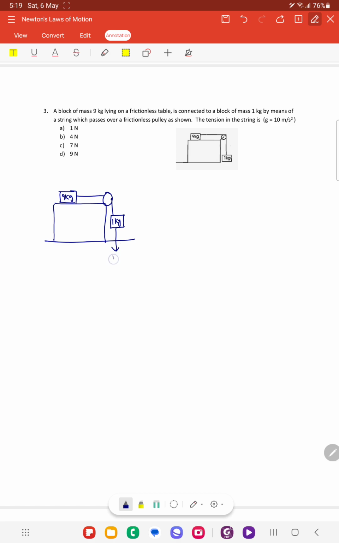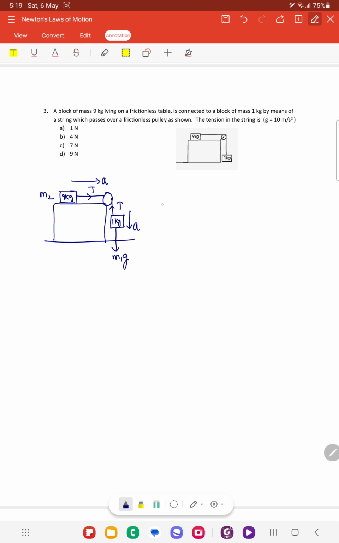The weight m1 into g acts vertically downward, and the tension acts in the upward direction towards the support. For the 1 kg mass, the net force acts vertically downward, so the acceleration is in the downward direction. When you consider the 9 kg mass, the tension T acts towards the support, and the acceleration a is towards the right. Let us consider the mass is m2, which is 9 kg.